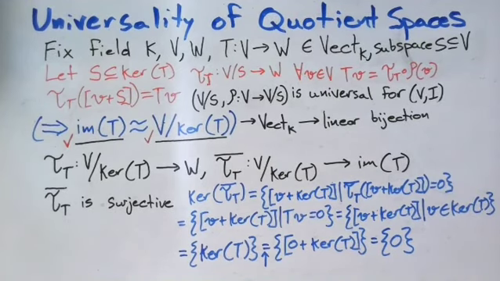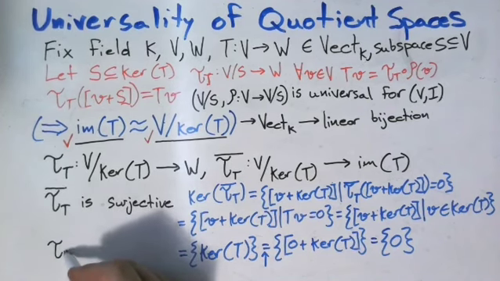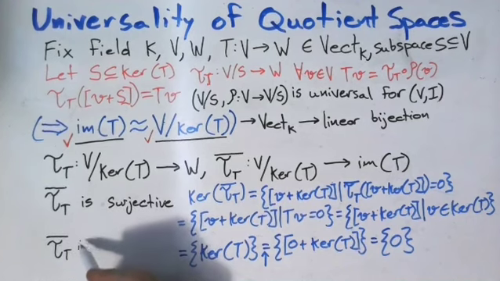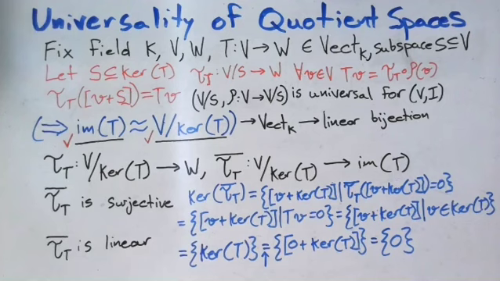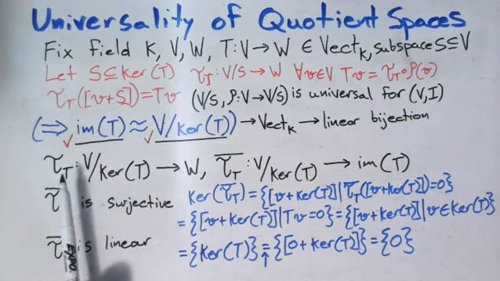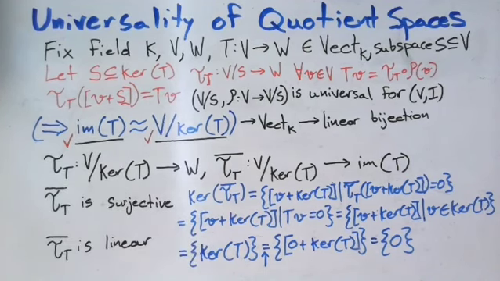So this is just the 0 vector. And since we know that the restriction tau of t is linear, why is it linear? Well, because tau of t is linear, and it's just tau of t going into a different space. Again, because the restriction of tau of t is just equal to tau of t, and tau of t is just equal to t of v, and t of v is linear.